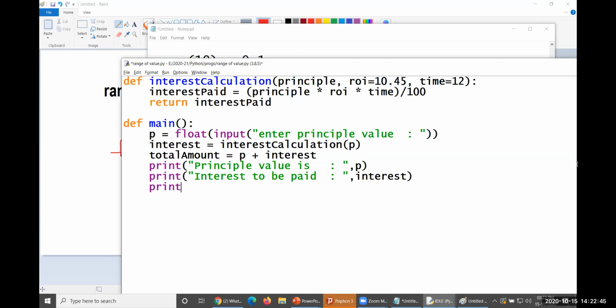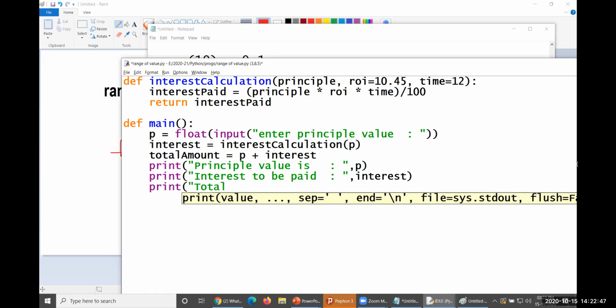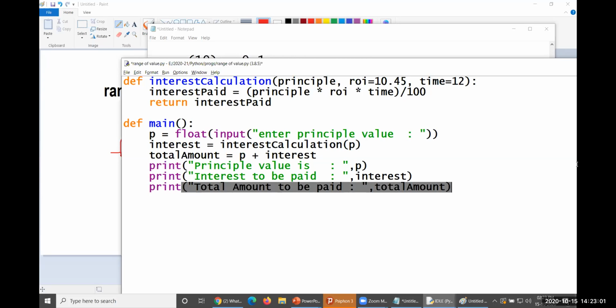Print total amount to be paid, how much amount totally you are supposed to pay after 1 year, total amount. So these are the specifications, and finally you have to call the main function.